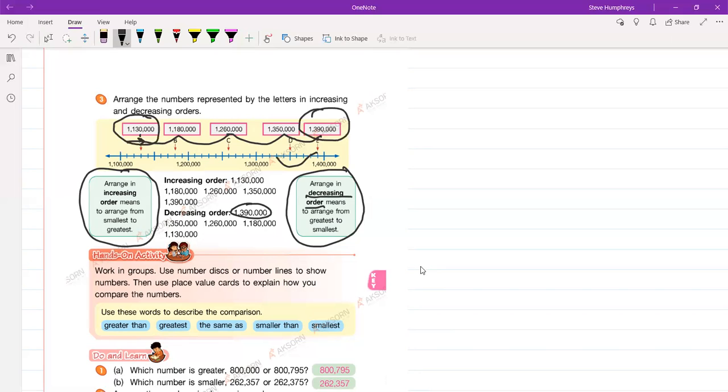Next number, 1,350,000. Next is 1,260,000. Next, 1,180,000. And the smallest, 1,130,000. There we are. Decreasing order.